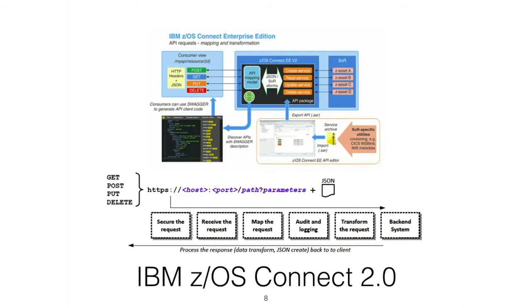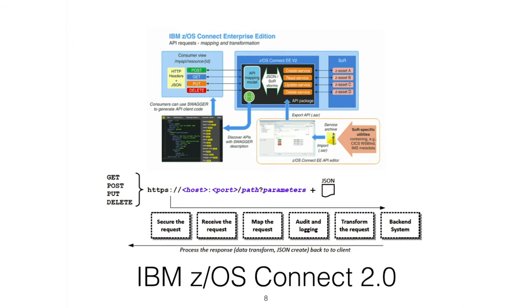So what do you do here? You use Eclipse tooling. You use plugins within Eclipse for CICS and IMS and any backend system and its application. And you develop these APIs. These are Swagger 2.0 compatible APIs. You take these APIs and generate something called an AAR, an application archive. You take the application archive and run it in WebSphere Liberty Profile.